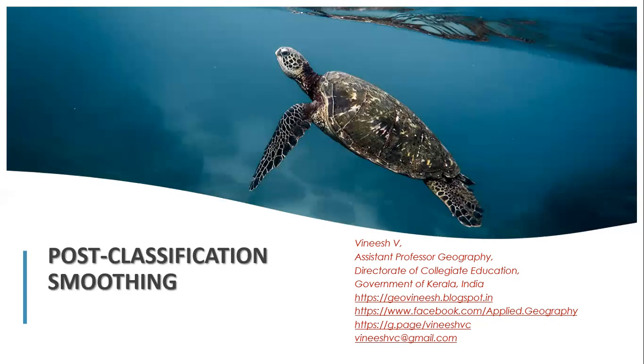Let me tell you something. These kinds of operations, post classification smoothing and so on, are for bigger areas, for mosaicing different images, not just a single image, maybe 10 or 12 images. Those images will be mosaiced, with different bands stacked. For such a larger area there are different kinds of error.